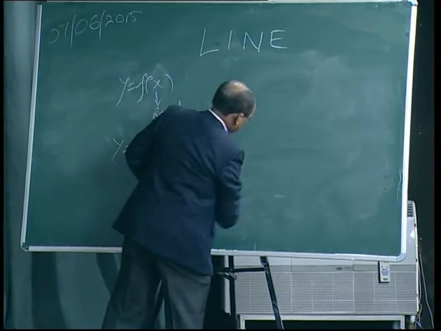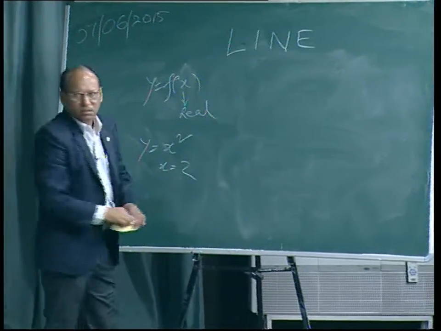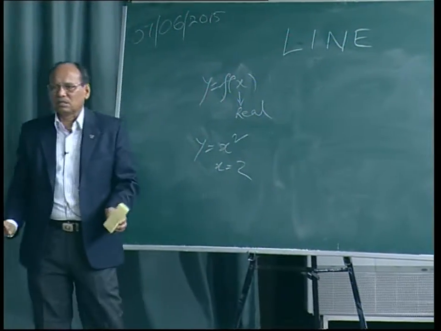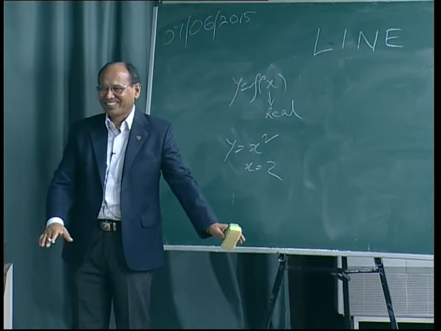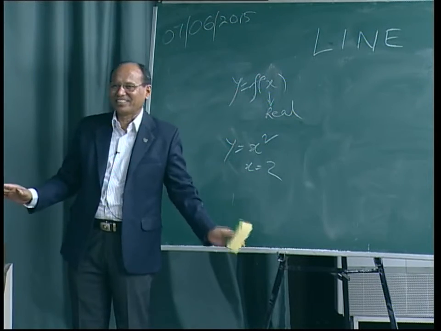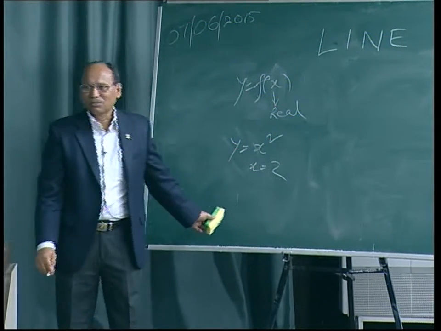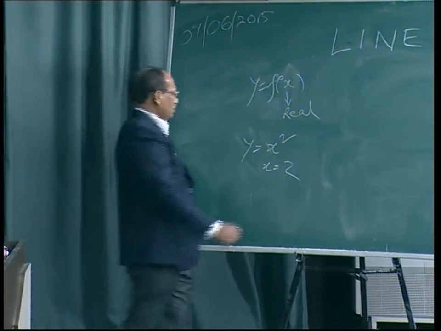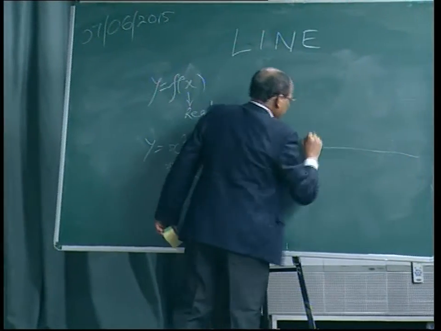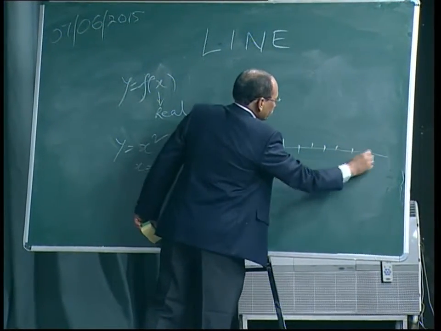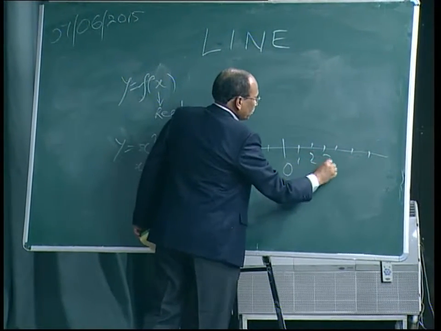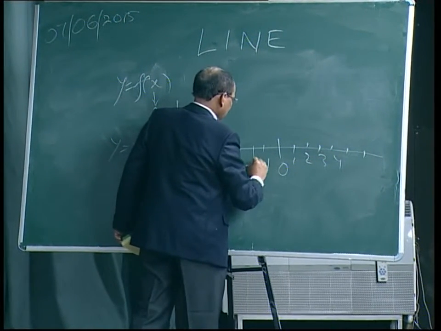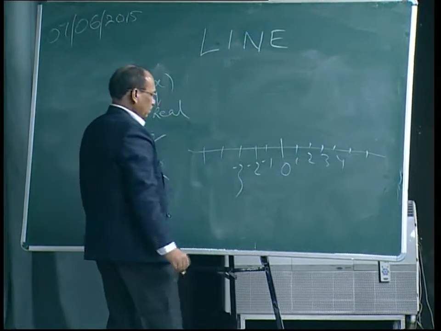Suppose you do not know this, you have not learned, Descartes has not arrived in our world, and we do not have any coordinate system. How are you going to put it? You will be putting 0, 1, 2, 3, 4, minus 1, minus 2, minus 3, like that, is it not?